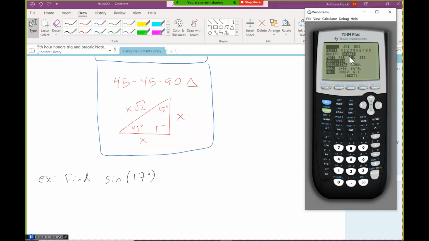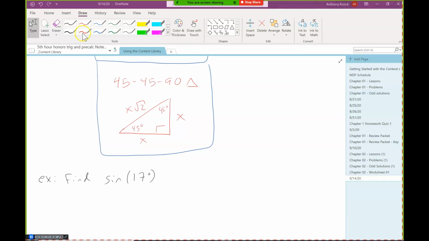That'll change it so that it's in degree mode. Once you do that, it'll stay in degree mode unless you reset your calculator or change it yourself. So I'll exit back out of here, and we'll just do sine of 17. So 0.292. Everybody okay there?